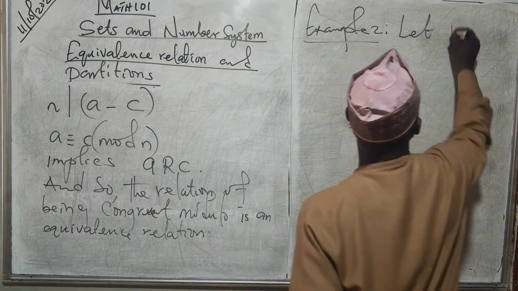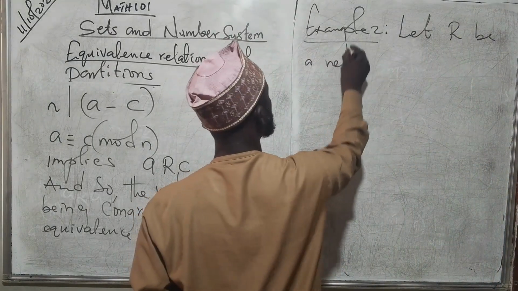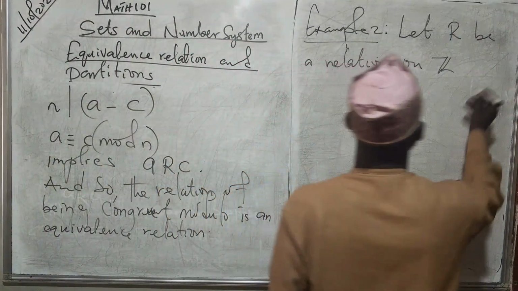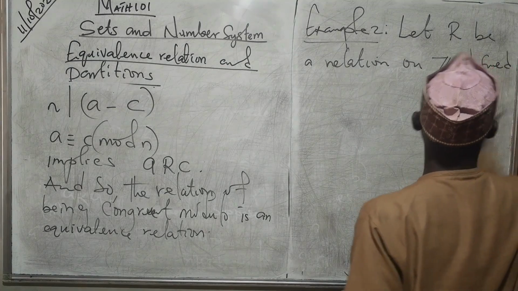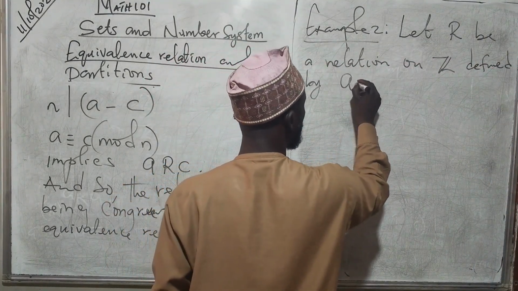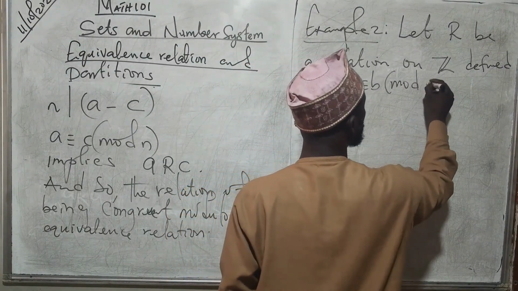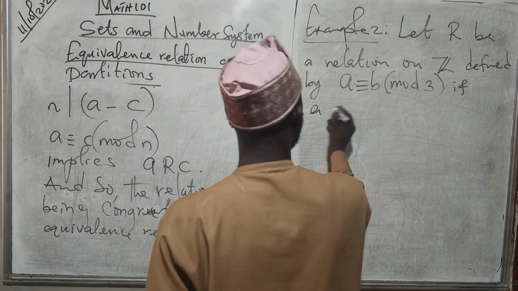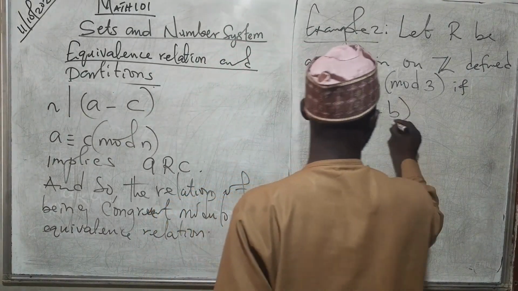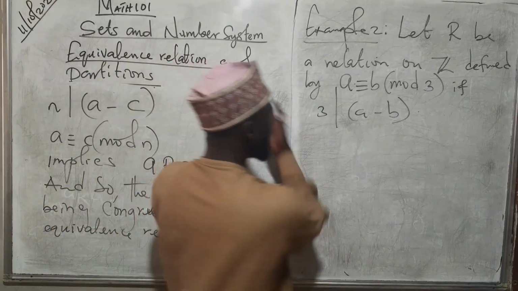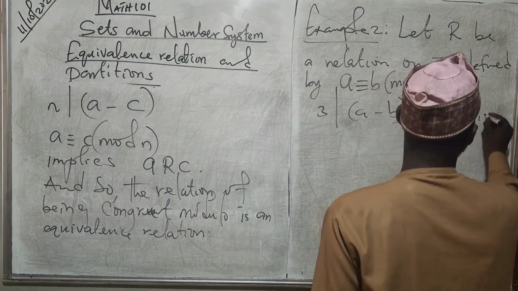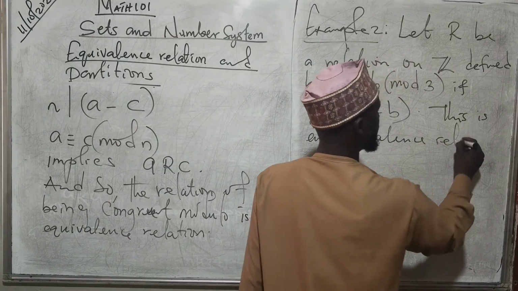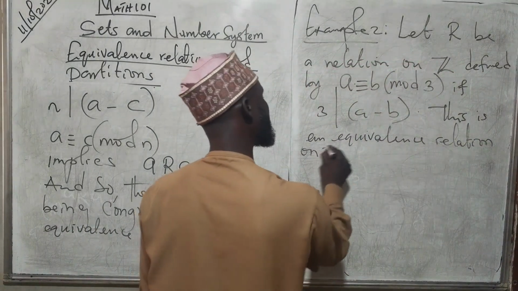Let R be a relation on Z, meaning from Z to Z, defined by A is congruent to B modulo 3 if 3 divides A minus B. So it is clear from the previous example that this is an equivalence relation on the set of integers.